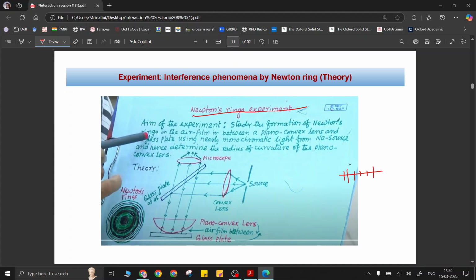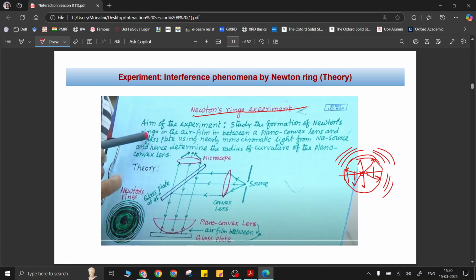But if the two waves are interfering at equal angle in all directions, say this is the center, and from the center at equal distance the light is falling and interfering in all possible directions, then the dark bright pattern we see will appear in all directions.